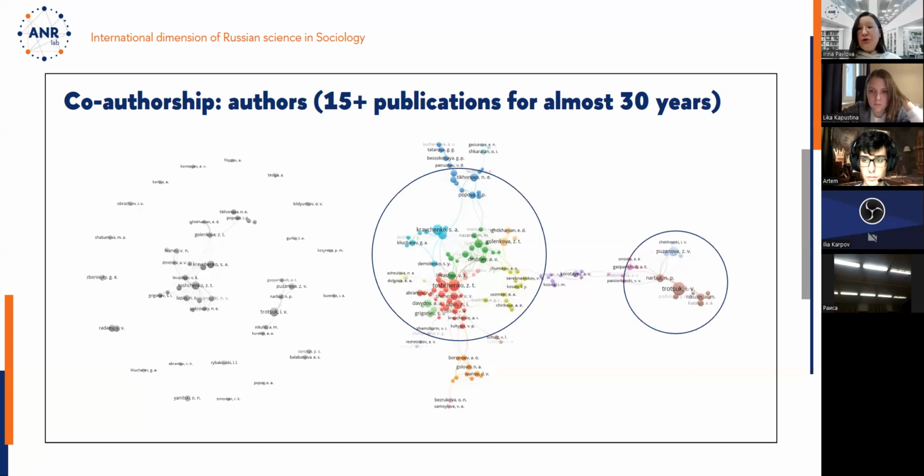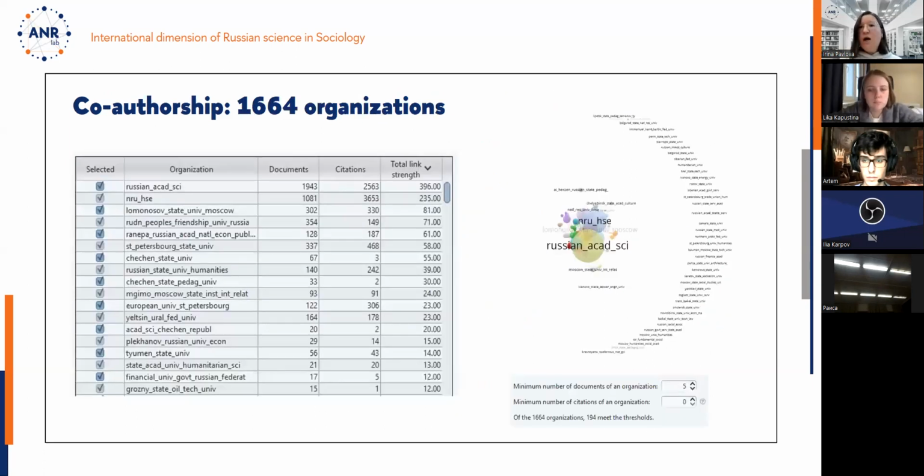On the left is the number of authors left in the entire sociological network with 15+ publications, and on the right, in the circles, these are 2 segments which are left if we increase the threshold for the number of publications.